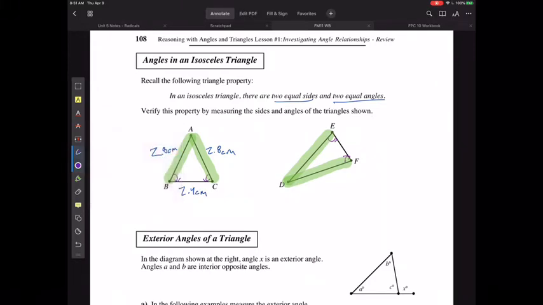The angles on the inside are 65 degrees, 65 degrees, and up top here is 50 degrees. For the second triangle, the angle inside here is 30 degrees, and the other two are 75 degrees. The side lengths are 3.7 centimeters, 3.7 centimeters, and 1.9 centimeters.